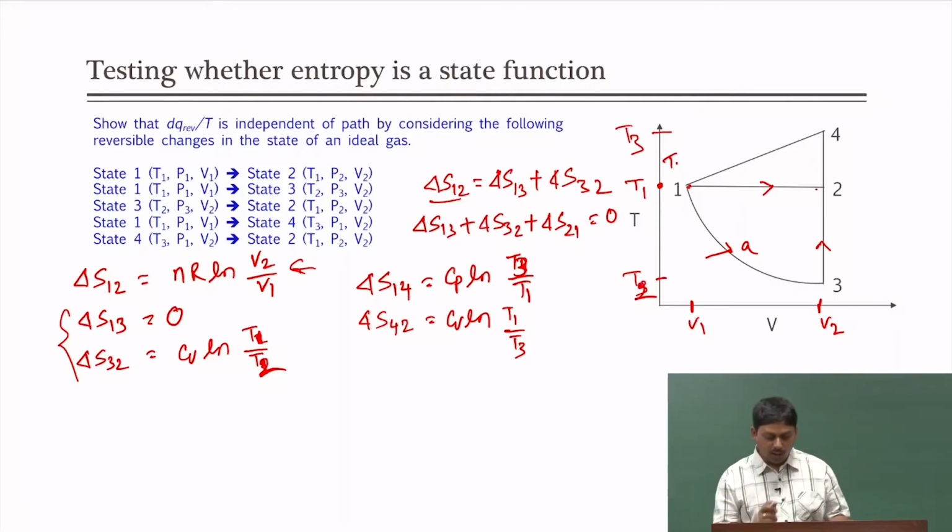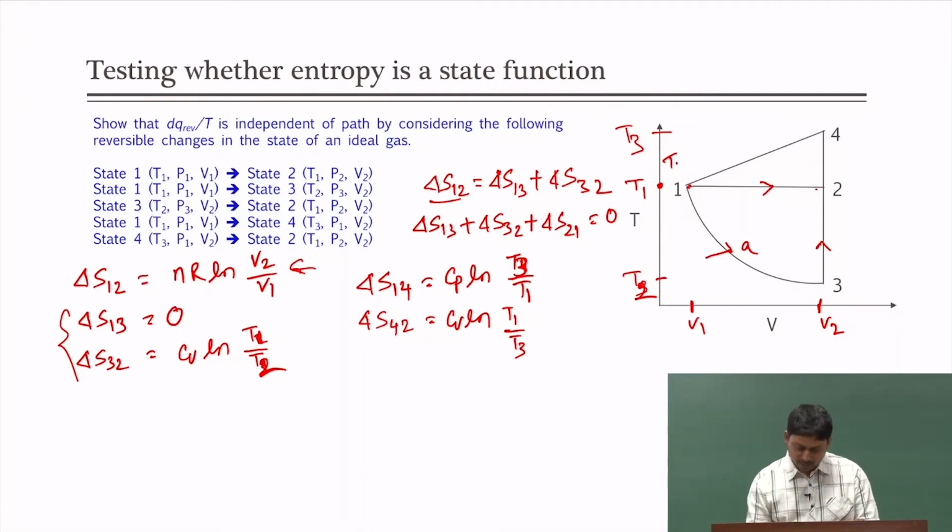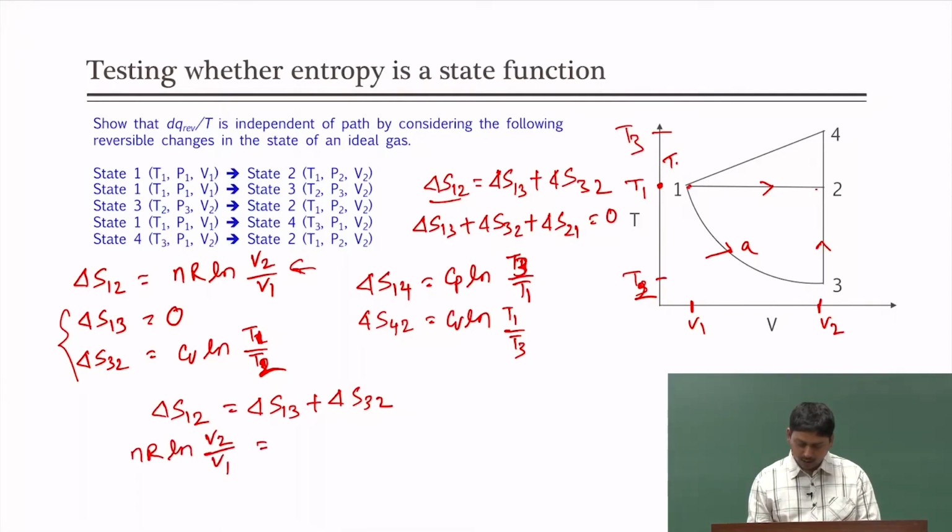Now we will have to show that delta S12 is equal to delta S13 plus delta S32, which essentially means we have to show that NR ln V2 by V1 is Cv ln T1 by T2.